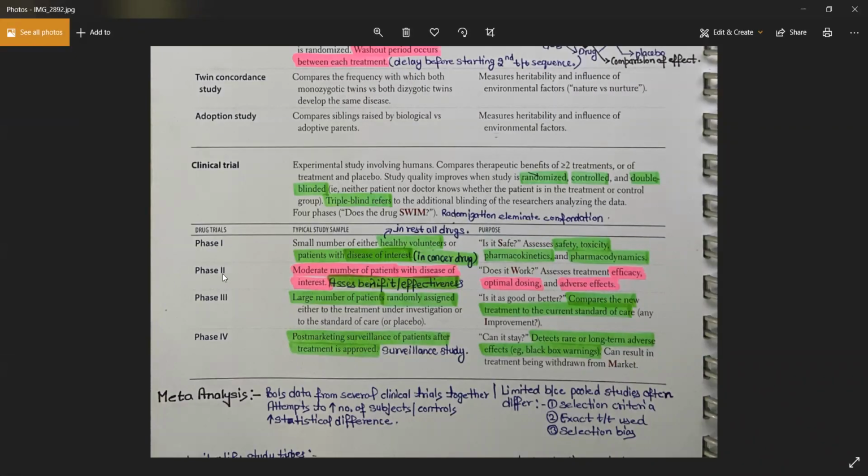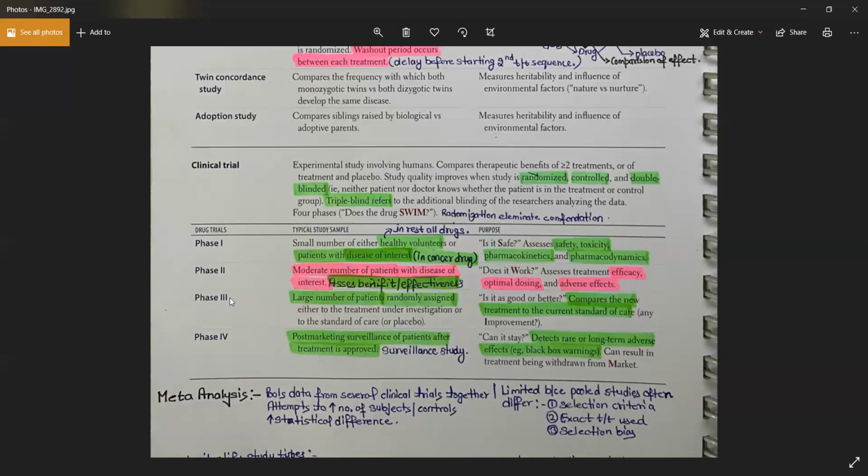So in phase 2, you ask yourself whether the drug is beneficial or not, whether the drug is actually functioning for the disease or not, right? In the third phase, you're asking whether the drug is more beneficial than the drug which is already in the market.